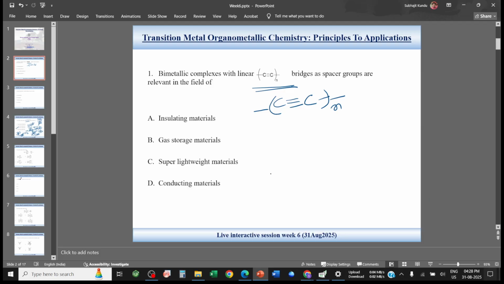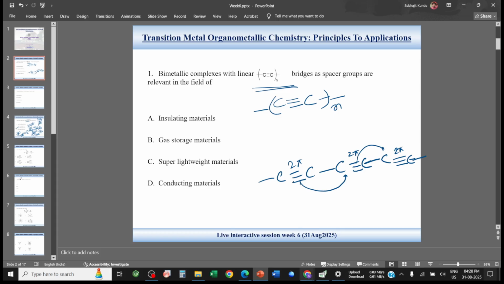You can see that this is linear, so there is a pi electron cloud, two pi systems, with px, py and pz orbitals, all in conjugation.